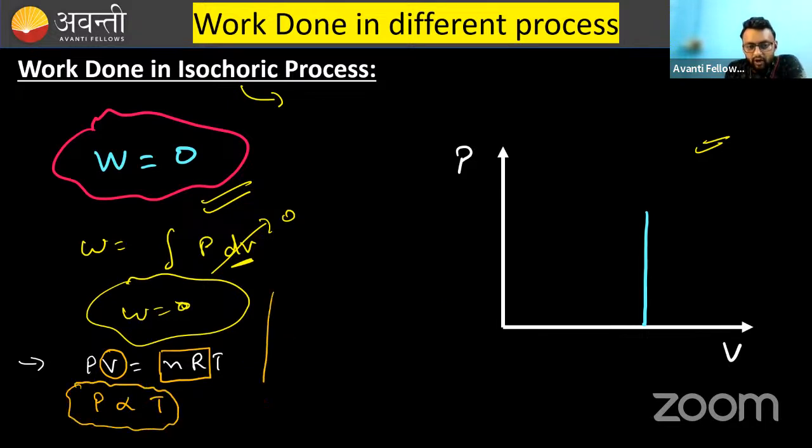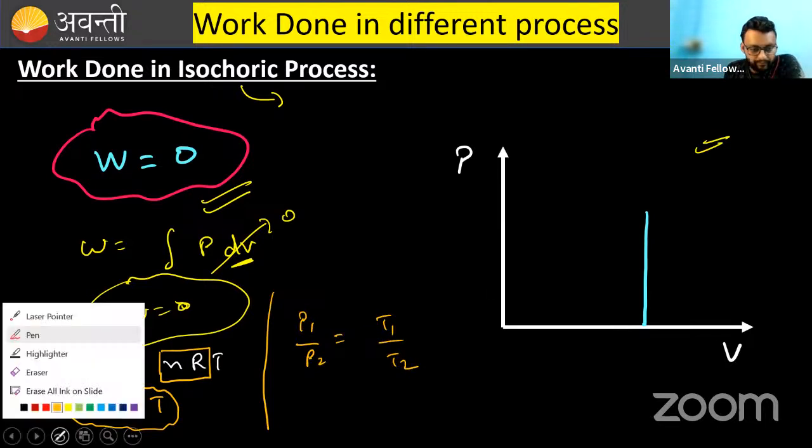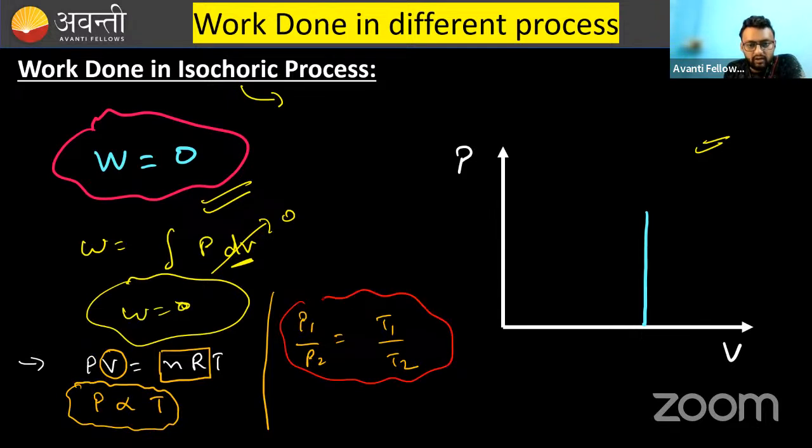P is proportional to T, or you can write P1 over P2 is equal to T1 over T2. If you can remember that, that's a very simple thing. Otherwise, you can get this: how I achieved this relation is from PV equals nRT. Volume is constant in isochoric process. n and R are constant terms, the number of moles and gas constant. So P is proportional to T. Clear? I think everything is clear in isochoric process till now.